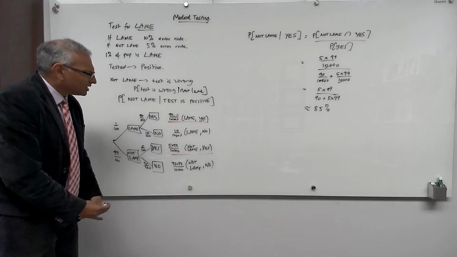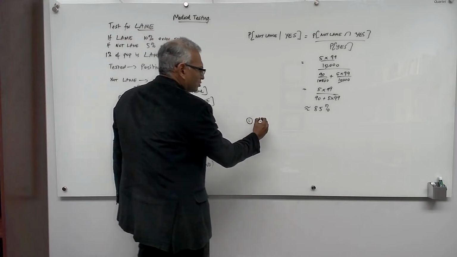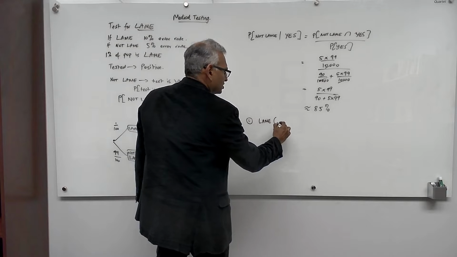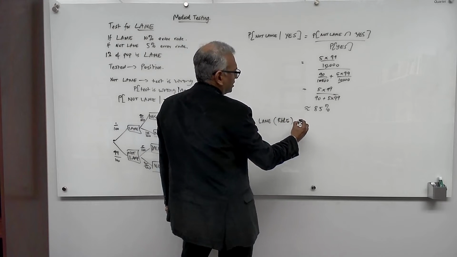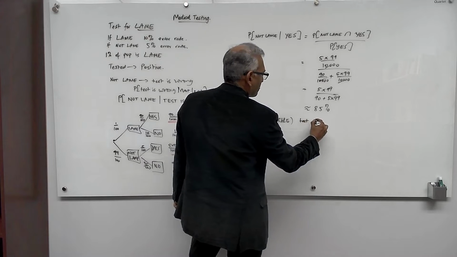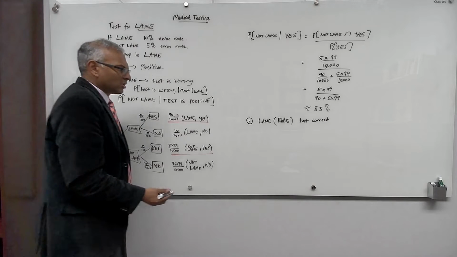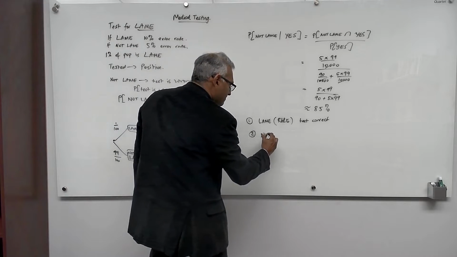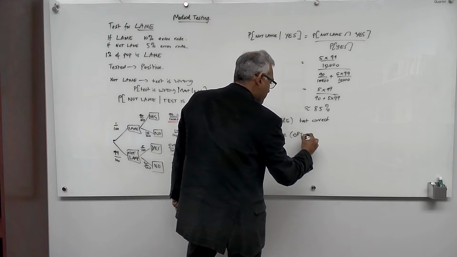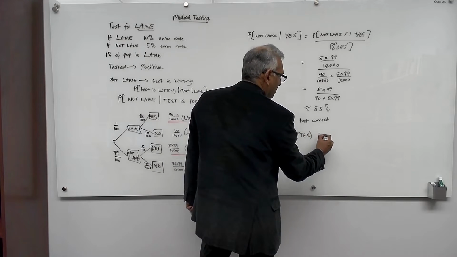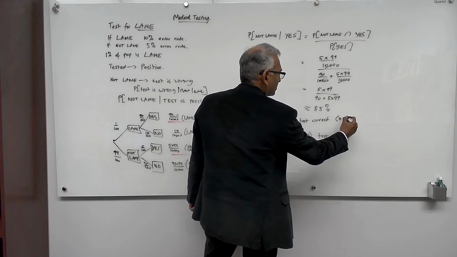What's going on here is when the test says yes, one of two things happen. Either you are lame, which is rare, and the test got it right, which is what the test normally does. That's often. Or you are not lame, which is often, and the test got it wrong. So the test is correct, that's often.